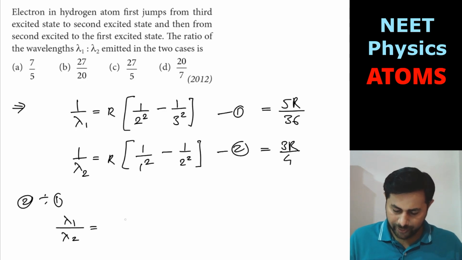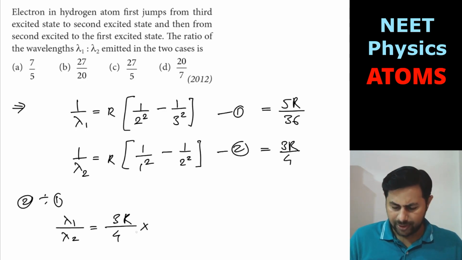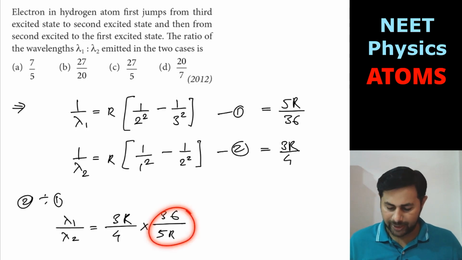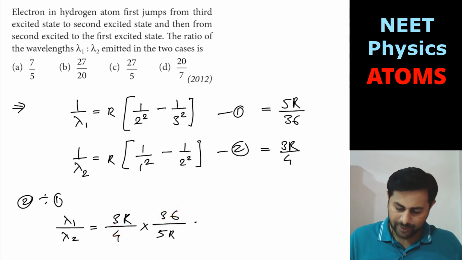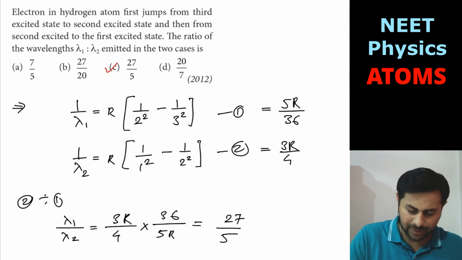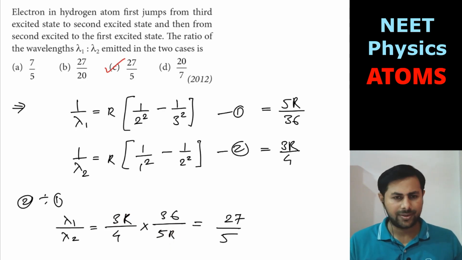So 3R by 4 divided by 5R by 36. Divided by that, it's multiplied by the reciprocal. So 36 by 4 is 9. 9 times 3 is 27. You have 27 is to 5. R will get cancelled. So it's option C. This is clear.